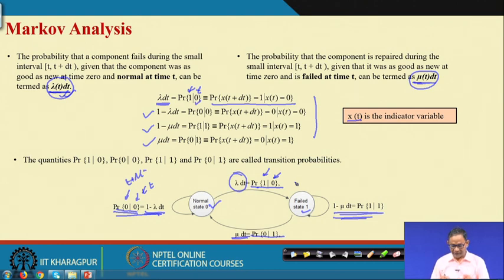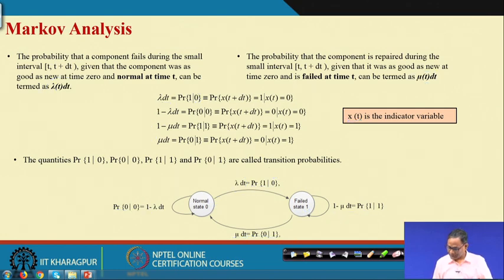So, for the unavailability of a component, we are interested in finding the probability that x t plus delta t equals 1. That will be the unavailability within this delta t period. Now let us see how we can compute this.